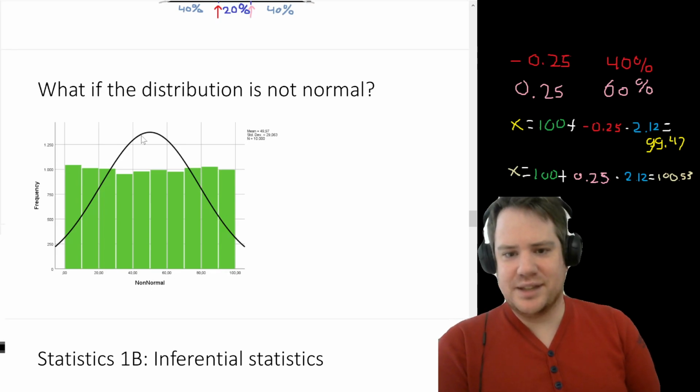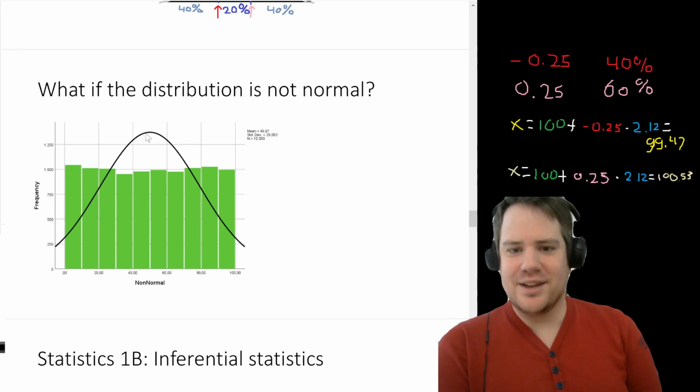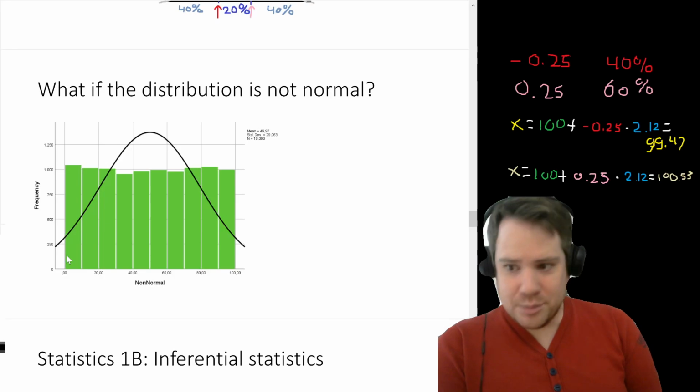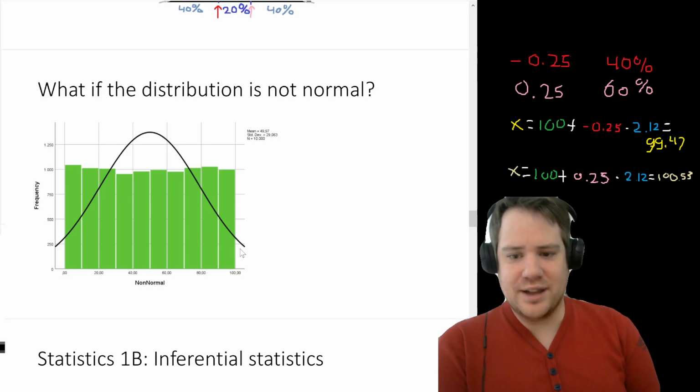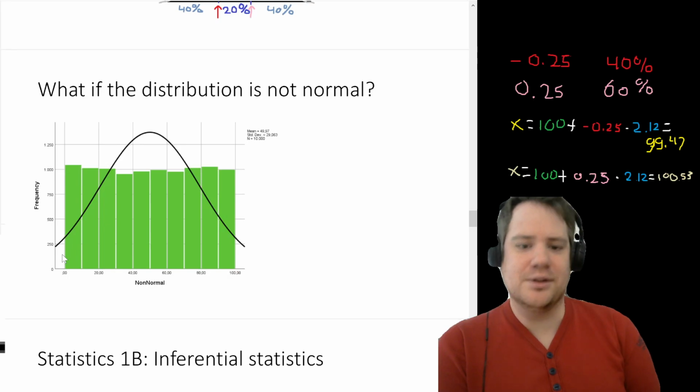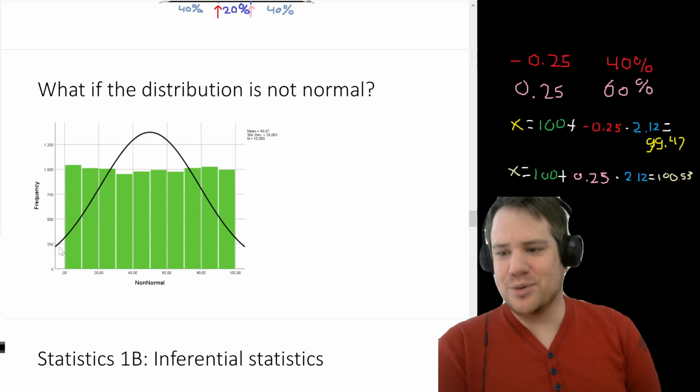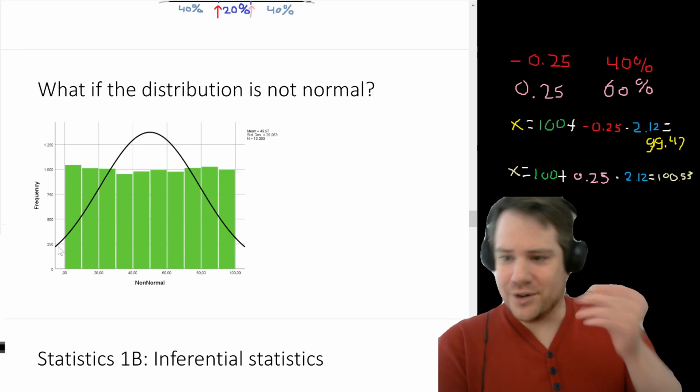It overestimates how many people will be in the middle, because for this distribution, it's all 10% all the time. It assumes more people are here, and less people at the edges. And then again, it doesn't even stop at 0. There's no chance at all to find anyone who scores higher than 100 or lower than 0. But based on the normal distribution, that would still be 1 or 2%, which is again wrong.